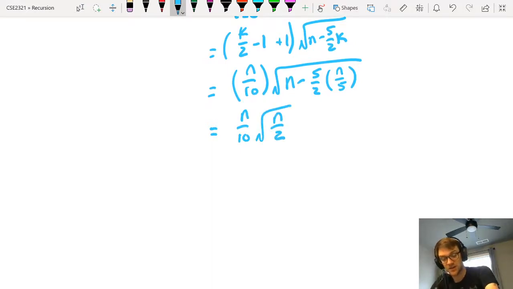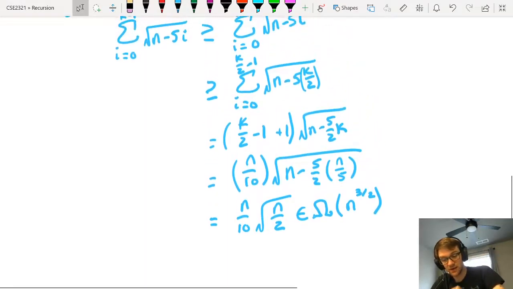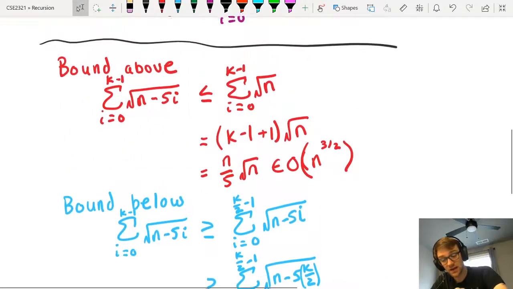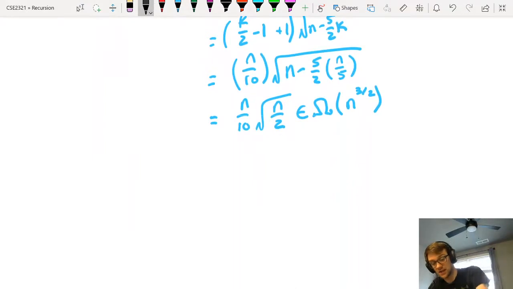And at this point, maybe you say, I can recognize that that is in big omega of n to the 3/2. So from the part in blue here, we have that it's in big omega of n to the 3/2. From the part in red here, we have that it's in big O of n to the 3/2. So the entire summation must be in theta of n to the 3/2.